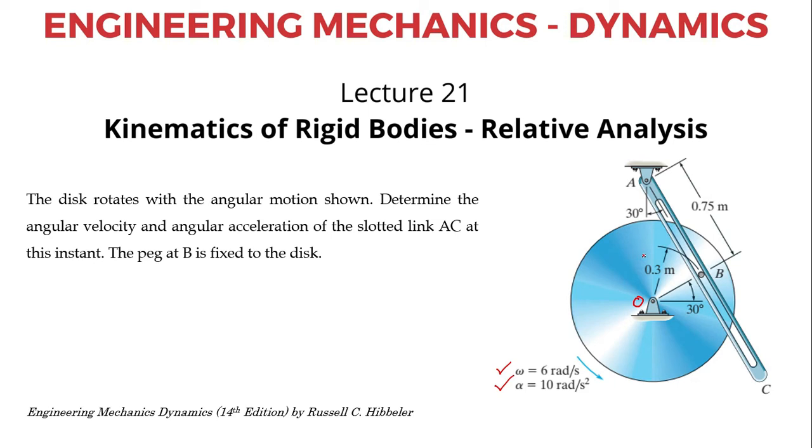So our aim is to find the angular velocity and acceleration of this link AC. So we have to find omega_AC and alpha_AC. This is the term we'll have to find out.